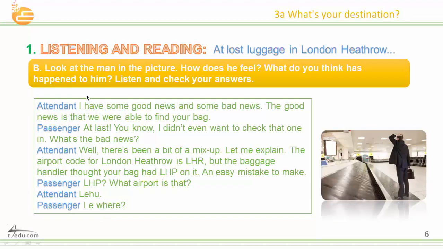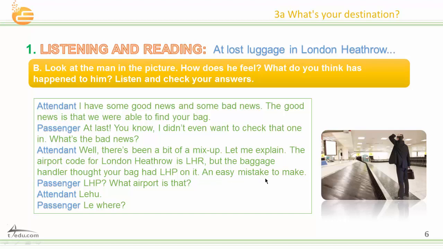At lost luggage in London Heathrow. I have some good news and some bad news. The good news is that we were able to find your bag. At last. You know, I didn't even want to check that one in. What's the bad news? Well, there's been a bit of a mix-up. Let me explain. The airport code for London Heathrow is LHR, but the baggage handler thought your bag had LHP on it.